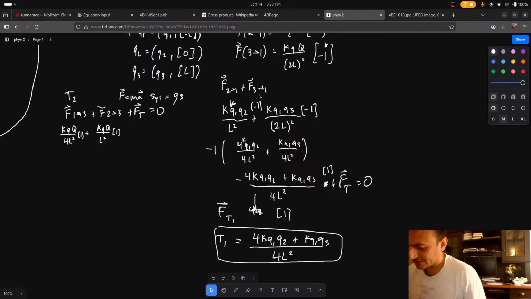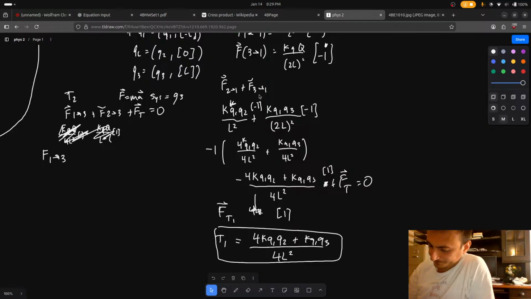All right, so let's do the second one. All right, so let's ignore all that. The force of 1 on 3 is going to be equal to k q1 q3 over 2L squared, and then f of 2 on 3 is going to be equal to, and this is times a 1.